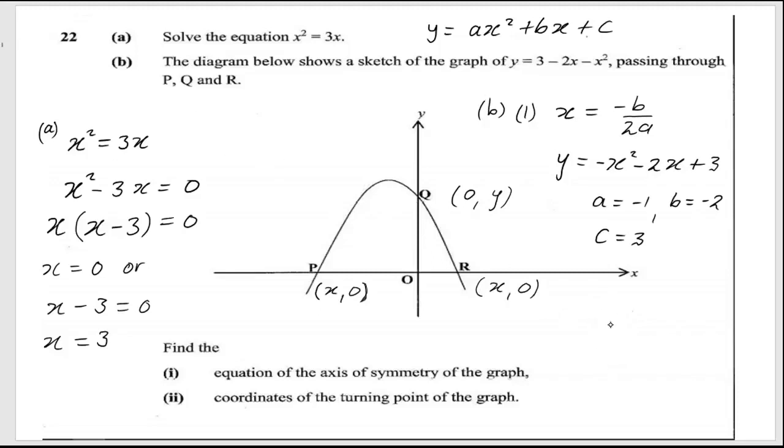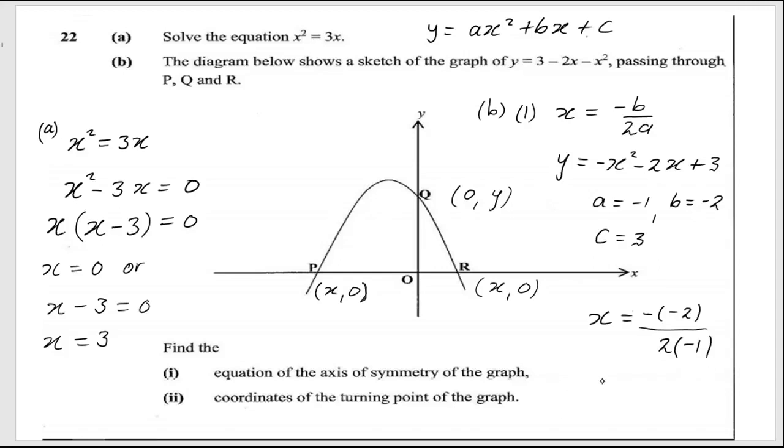So x is going to be negative b. Already in the formula there is a negative, and the value of b is negative, so you put it in brackets like that, over 2, then a is negative 1, which is the negative 1 there.